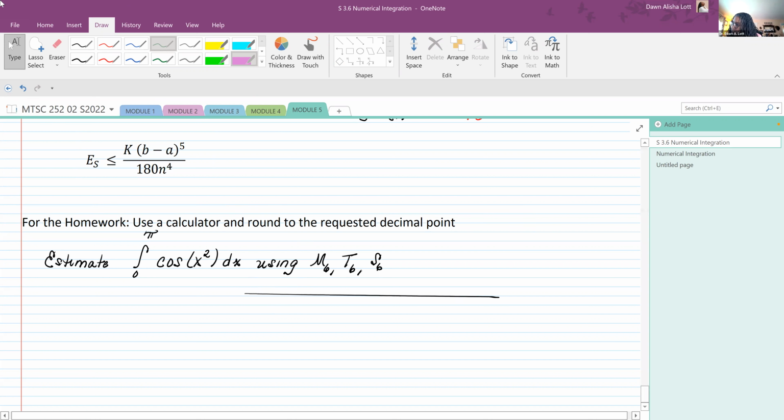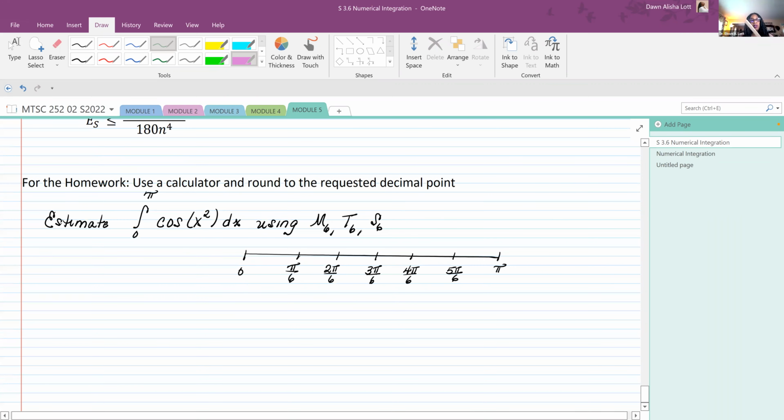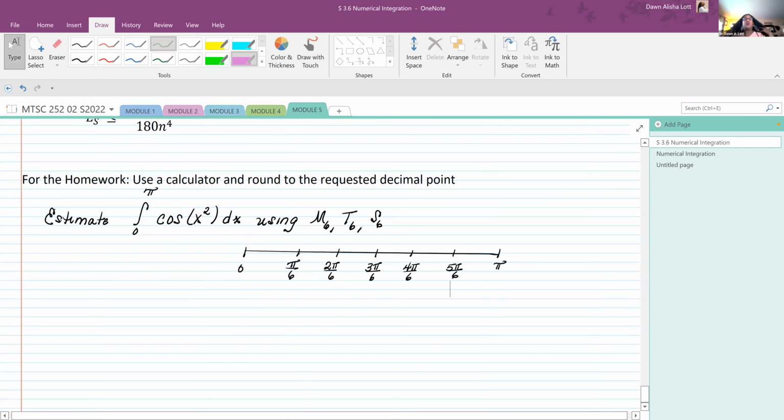Okay, so the interval from 0 to pi, and you're going to divide it by 6: pi over 6, 2 pi over 6, 3 pi over 6, 4 pi over 6, 5 pi over 6, however it comes. And then you're going to use each one of these, find each one.